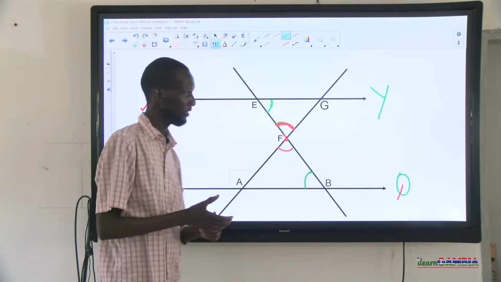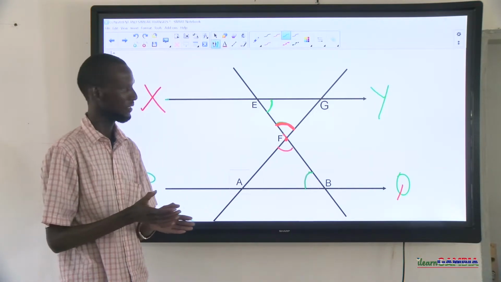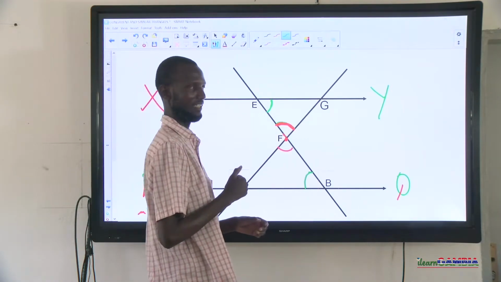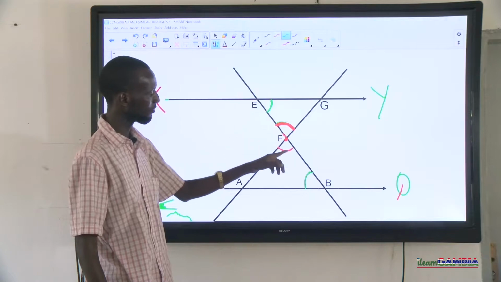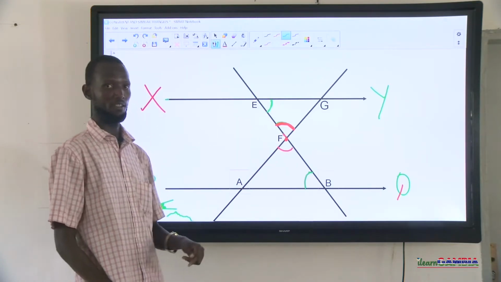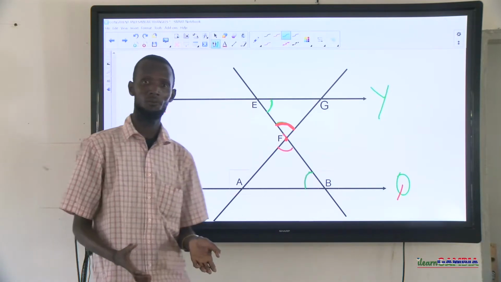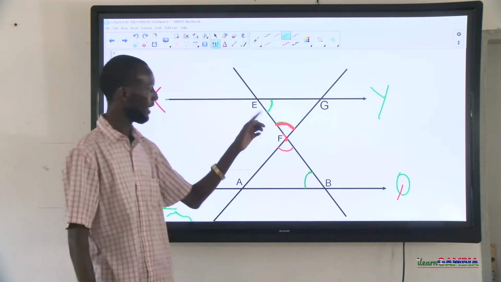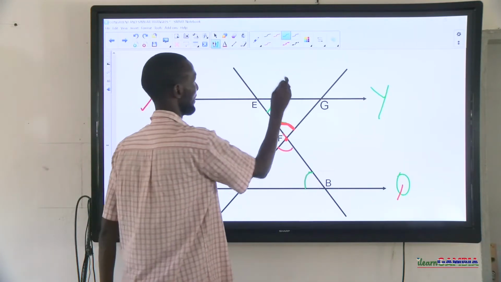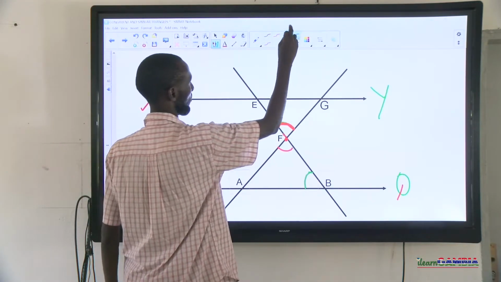And because we know in every triangle, if you add two of the angles, you must get 180. If two of the angles are equal, then definitely the third angles are also equal, because for both of them the sum is 180. So if the two are equal, then the remaining ones are also equal. So you can say that this angle here, let's try to choose a different color.